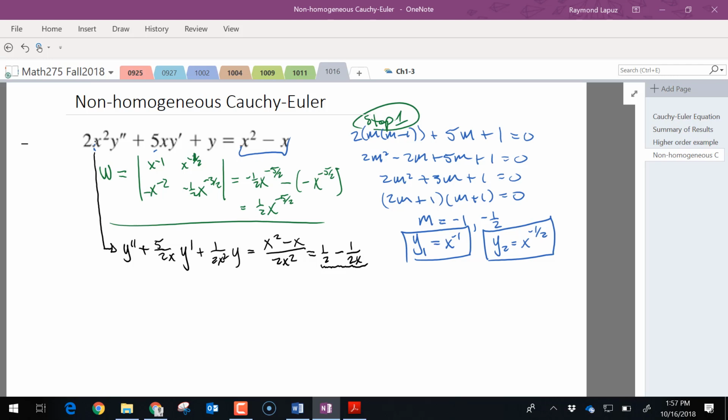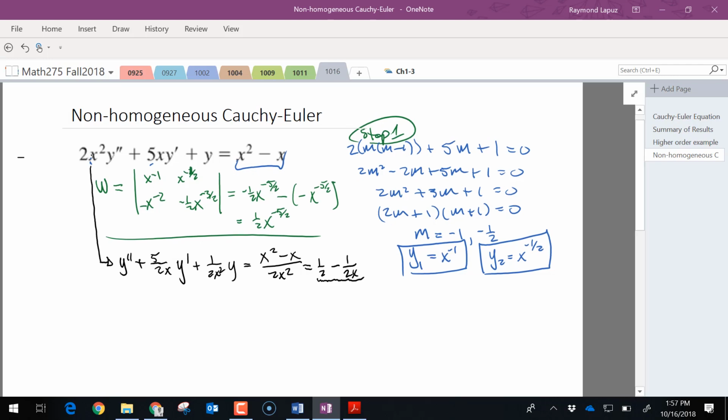And what's going to happen is that this will work itself out because the Wronskians are going to take care of stuff. All right. So now that we got our, sometimes they call it f of x or g of x, this is the function that's going to go in the columns.